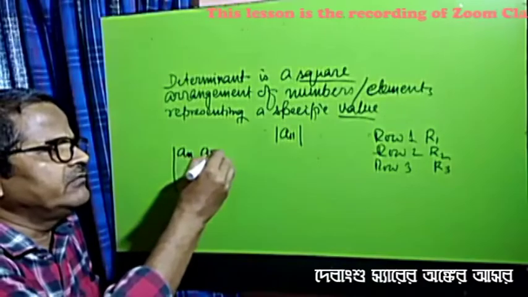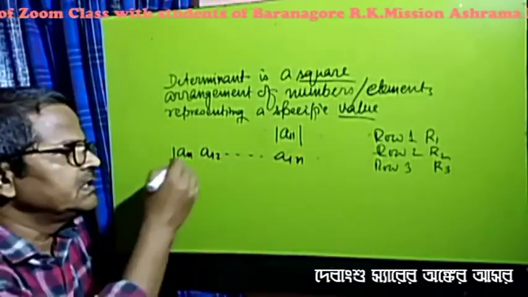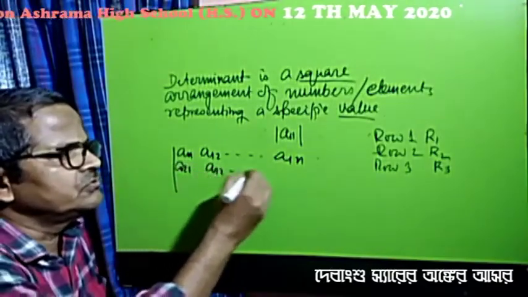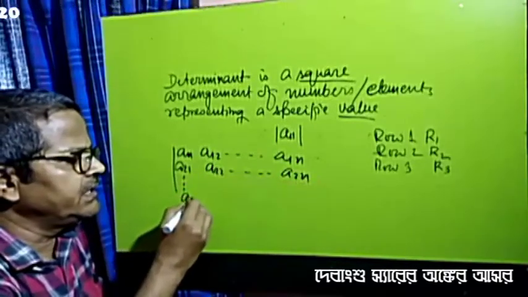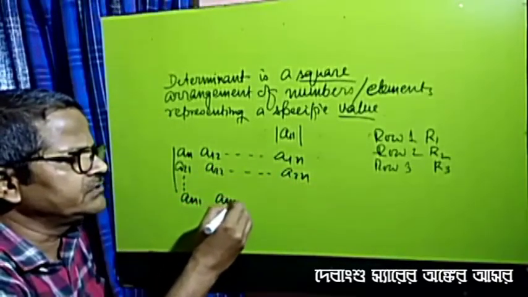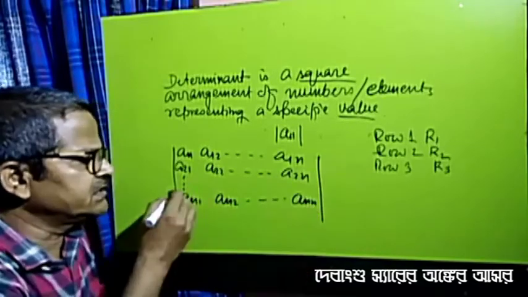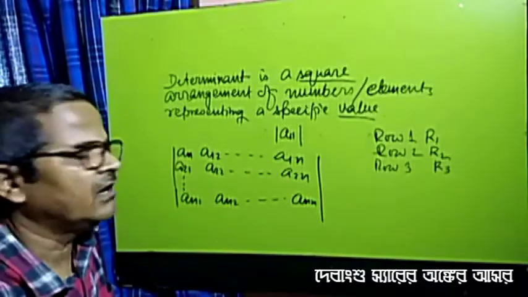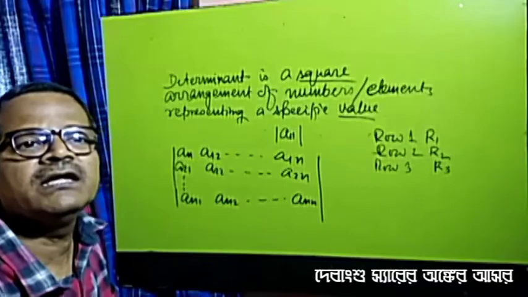And the nth order determinant, which we represent in general, is denoted by A11, A12, A1n, A21, A22, A2n, An1, An2, Ann. This is called the general representation of a determinant of order n.